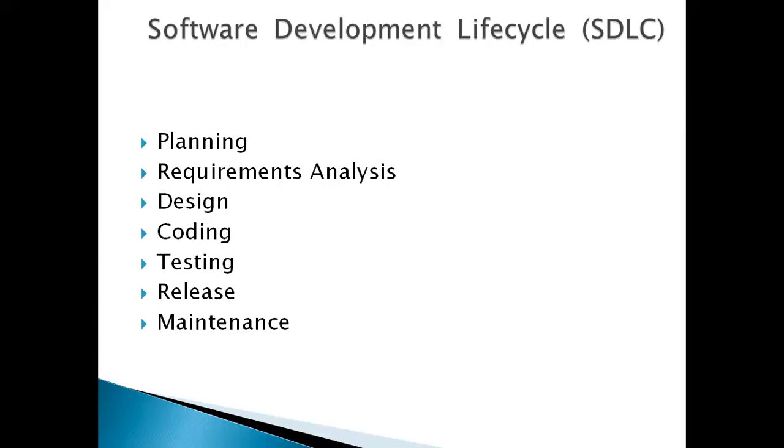Because in each phase there are certain activities that need to be performed and certain artifacts. I'll talk about what the artifacts are and what documents are produced in each particular phase. Each phase has its own documentation.